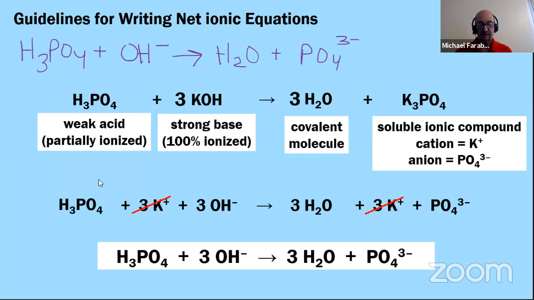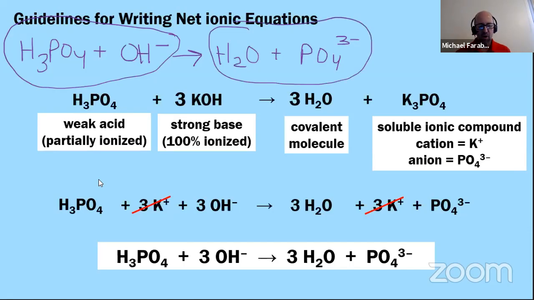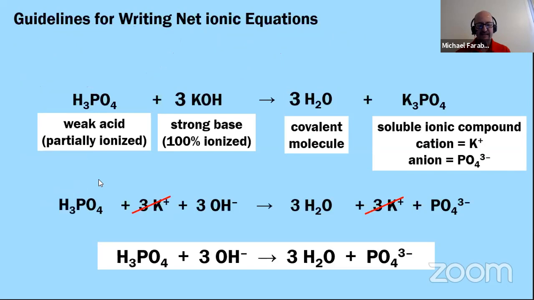Notice that the hydroxide ion does not have that 3 as a coefficient. The total charge on the left side of the equation is -1. The total charge on the right side of the equation is -3. So make sure that when you are writing a net ionic equation, that it is balanced not only for atoms, but also for charge.